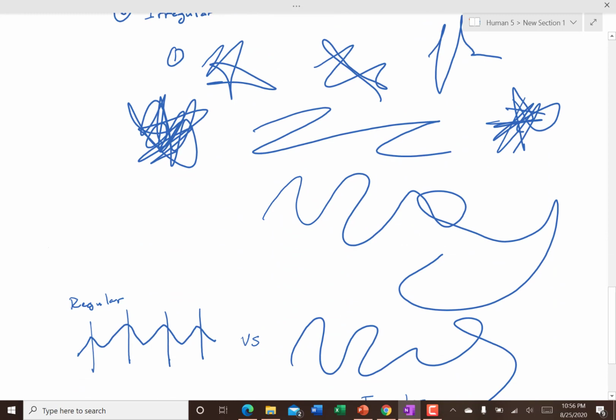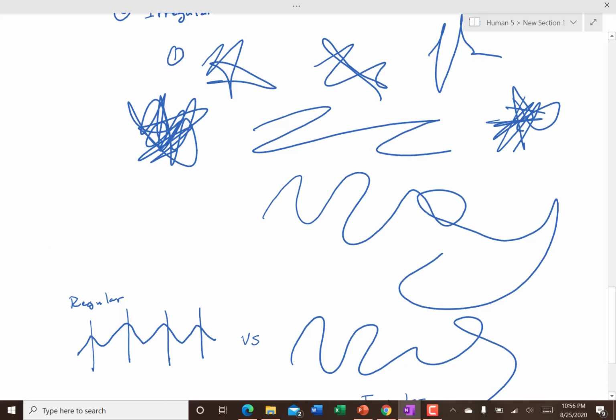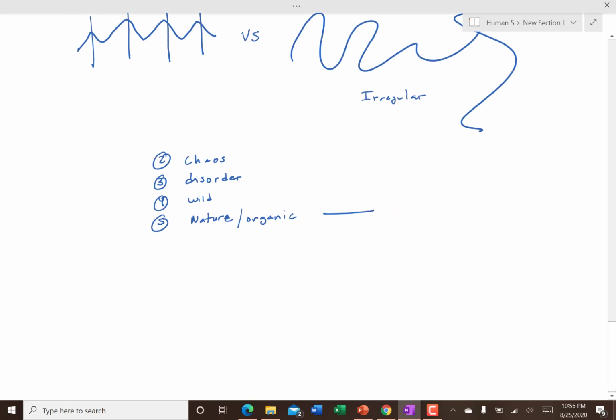But if you look at nature and organic things, like a rock, a tree, bugs, whatever, right? Those things aren't straight and ordered and unified and symmetrical.